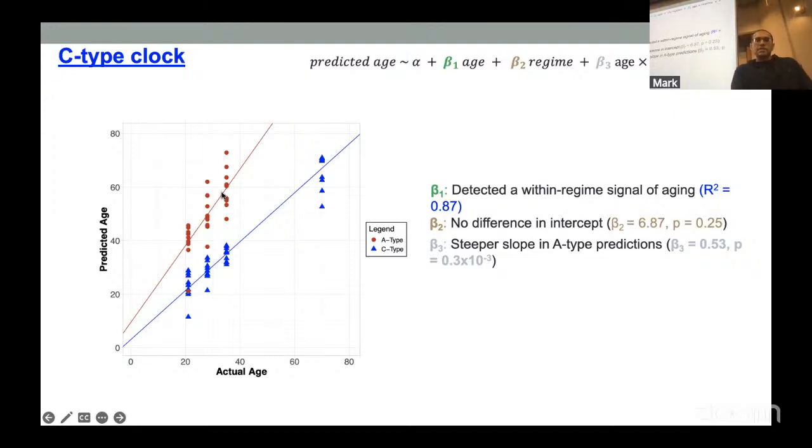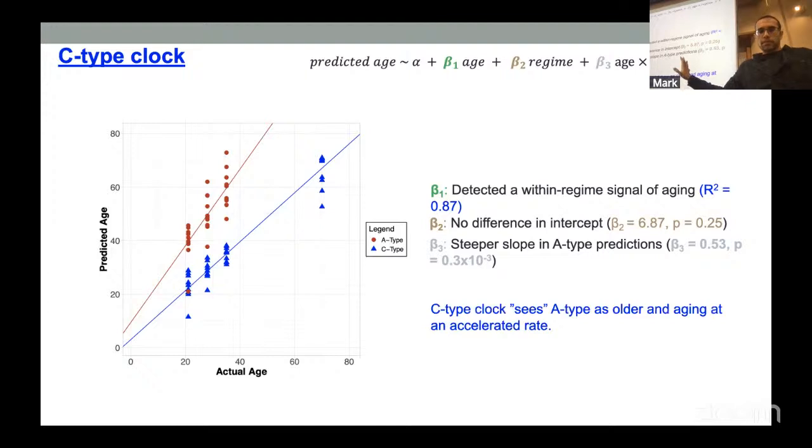What we see is that at basically every age, the A-types are predicted to be older than the C-types. And the slope of the line going through here is steeper, suggesting that not only are they being predicted to be older at every age, the rate at which they're aging is also predicted to be faster. So that's our big conclusion there, right?